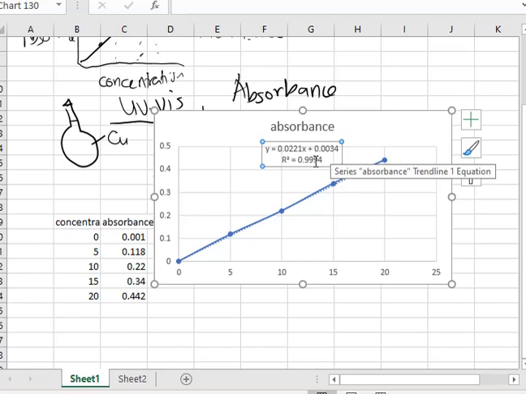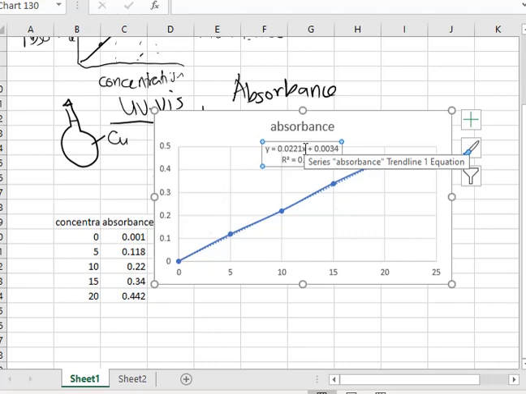For discussion's sake, let's proceed with this one. The equation is y equals 0.0221x plus 0.0034, which is just the slope of a line. That's y equals mx plus b.